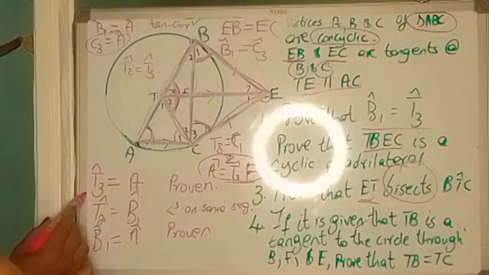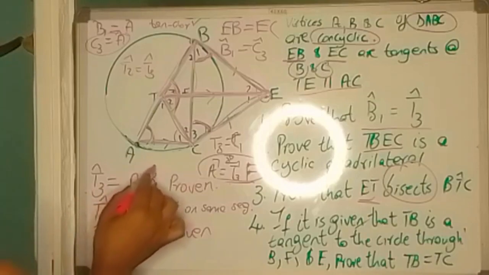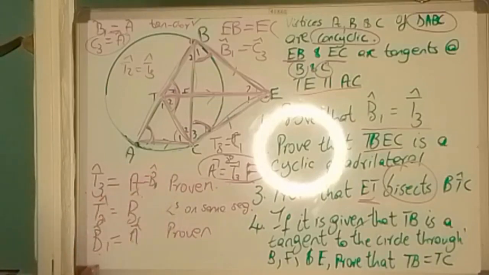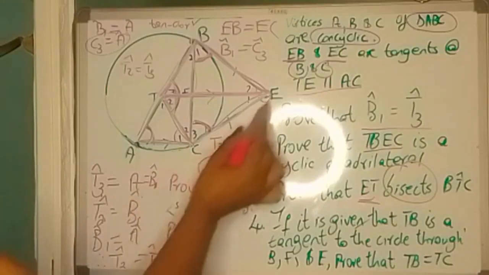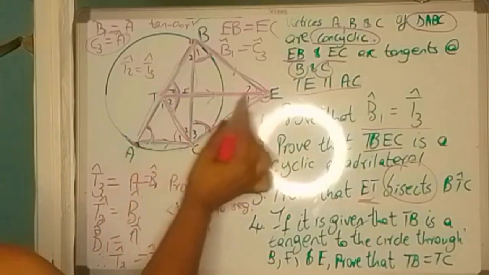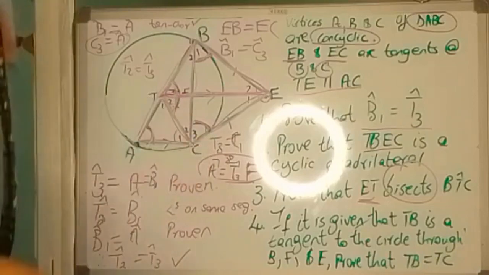Then we have T2 and A equaling B1, so that means T3 is also equal to B1. Since both T2 and T3 are equal to B1, therefore angle T2 is equal to angle T3. Then we have proved that TE bisects BTC, because where it cuts, we get two equal angles.